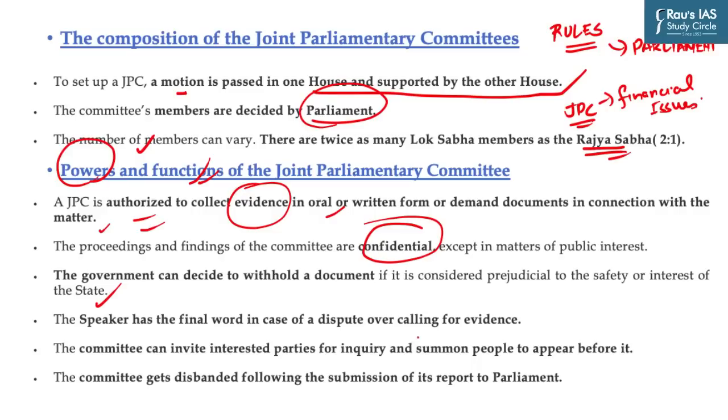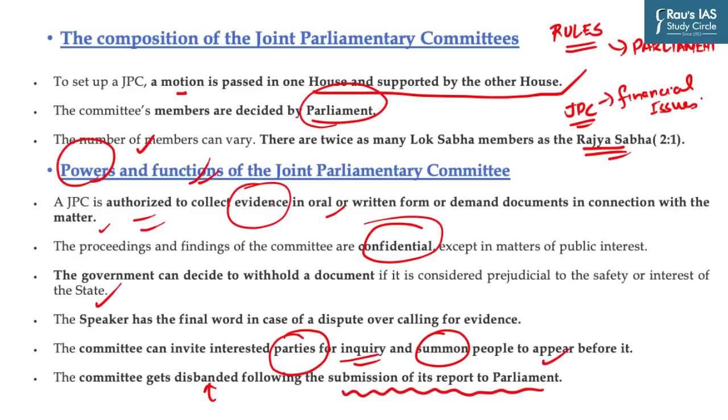Further, the committee has the power to invite parties for the inquiry and can even summon people to appear before it. And the committee usually gets disbanded after it submits its report to the Parliament for the specific purpose for which it was formulated.